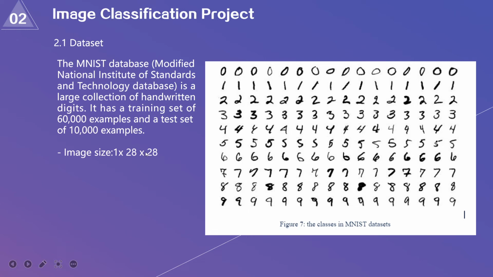Image size is one channel, width and height are 28. The picture shows the 10 classes from 0 to 9, handwritten digit pictures.